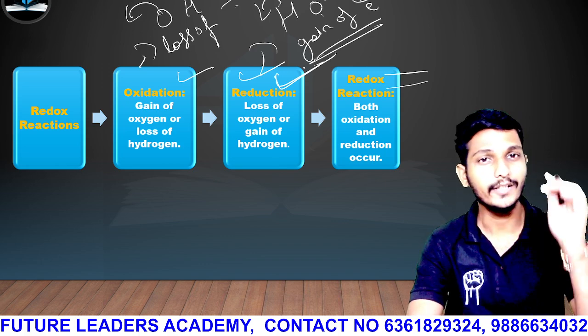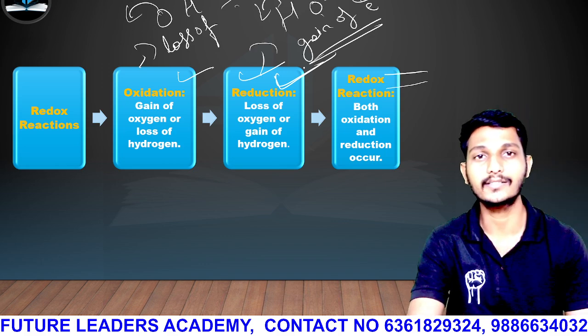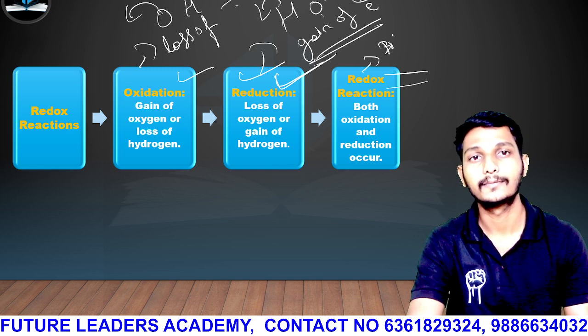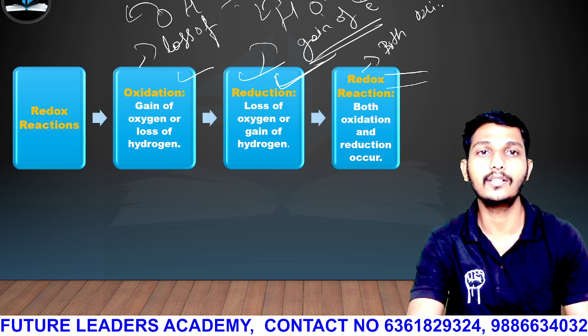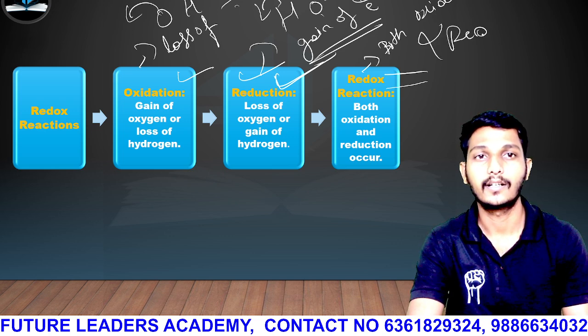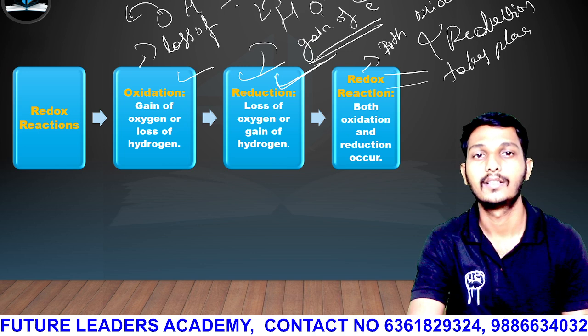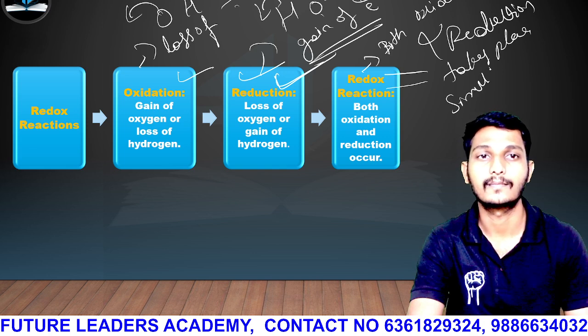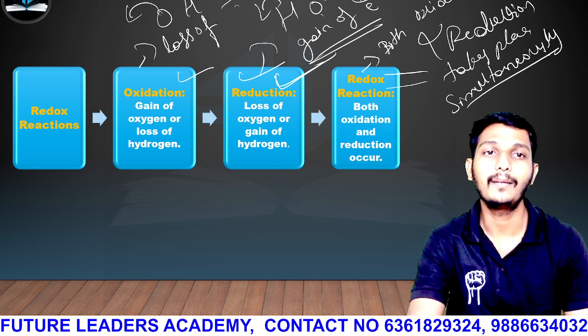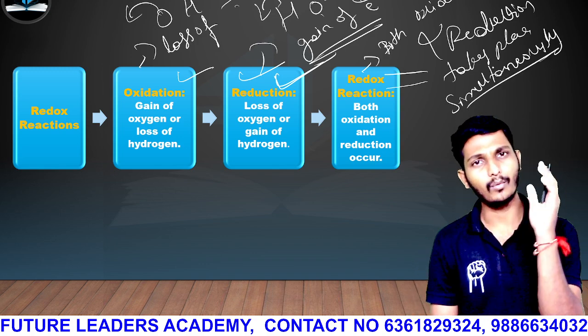And next, what is a redox reaction? A redox reaction is nothing but both oxidation and reduction taking place simultaneously, meaning at a time in one reaction only.